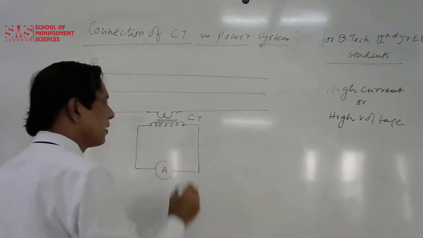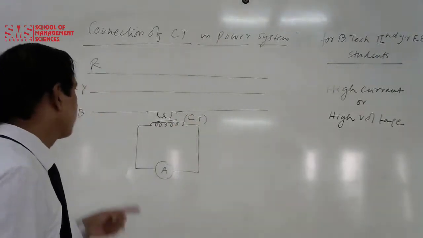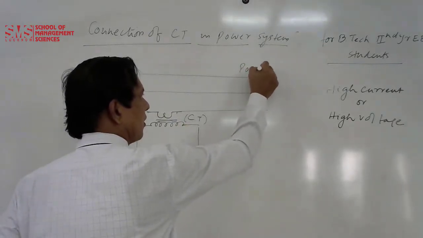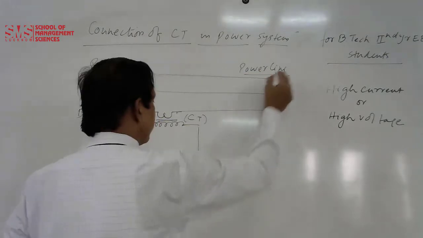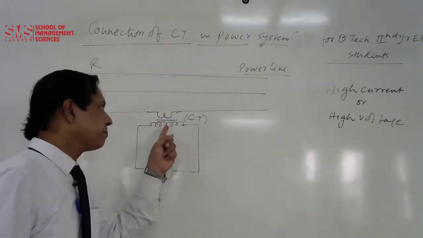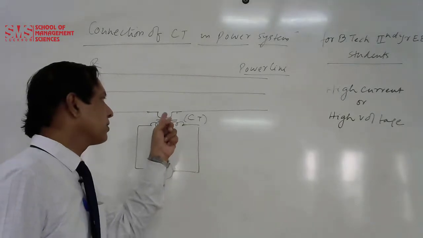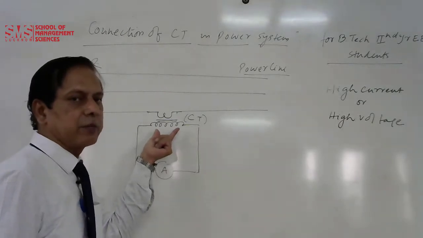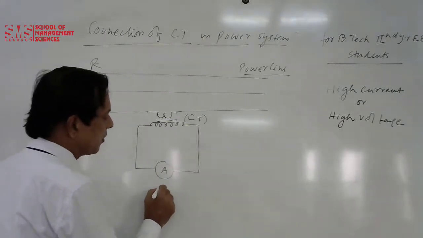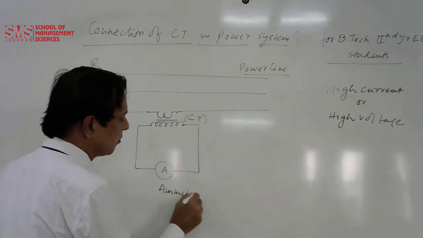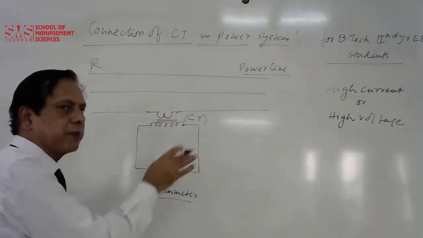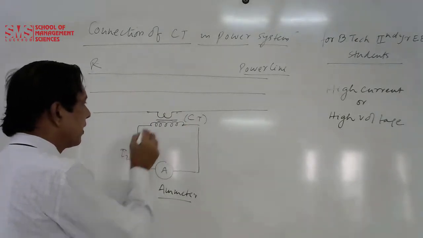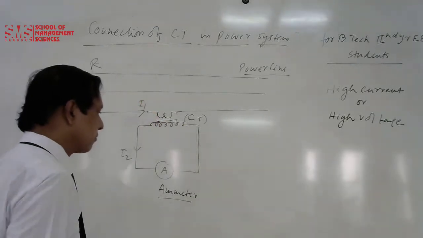This is the current transformer connected on one of the power lines. As we see here, the primary of the current transformer has a very low number of turns, whereas the secondary of the current transformer has a very high number of turns. It's an ammeter. So this is called the secondary current, and this is said to be the primary current.